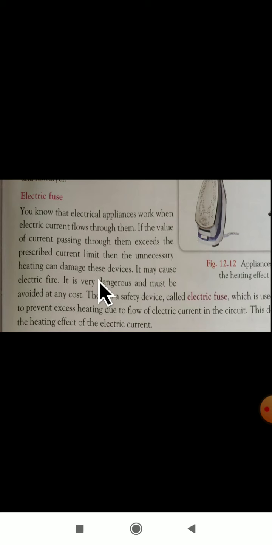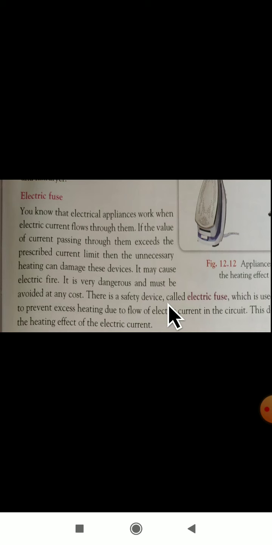Okay, it may cause an electric fire. It is very dangerous and must be avoided at any cost. See here, there is a safety device called an electric fuse, which is used in an electric circuit to prevent excess heating due to the flow of electric current in a circuit. This device itself is based on the heating effect of electric current.